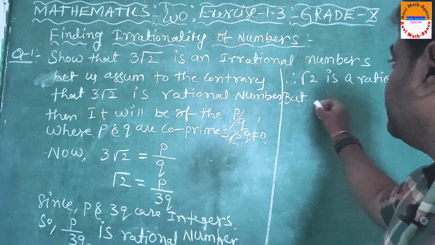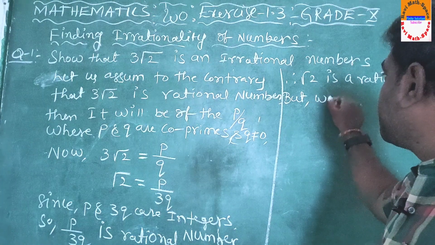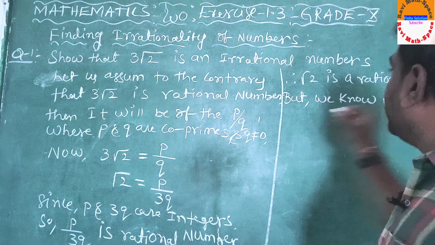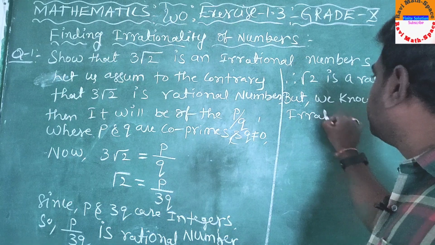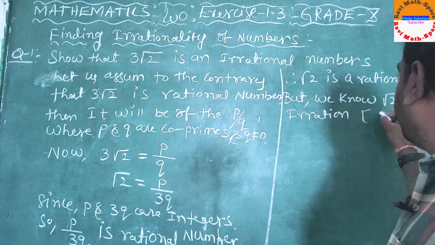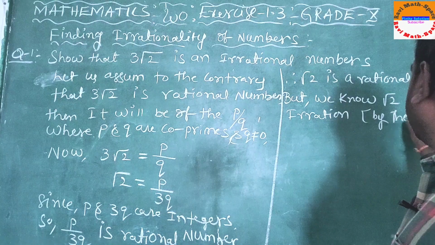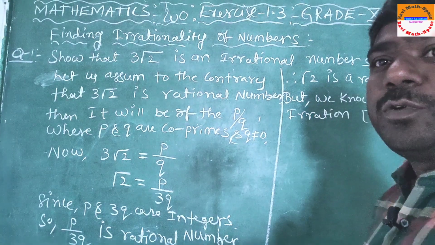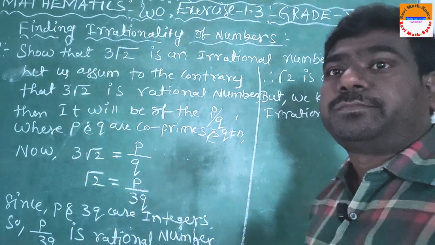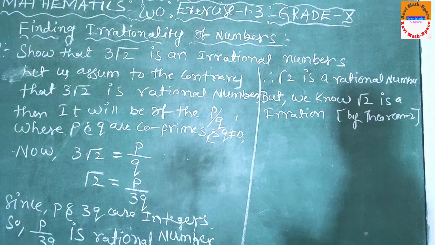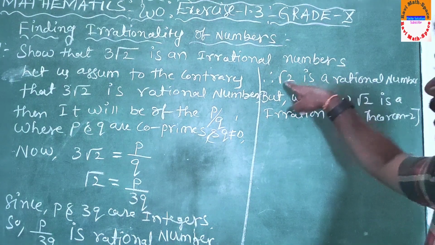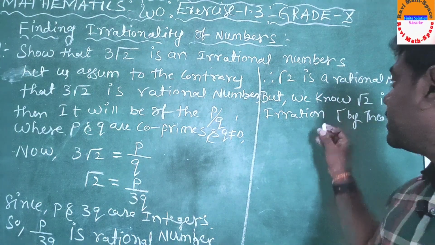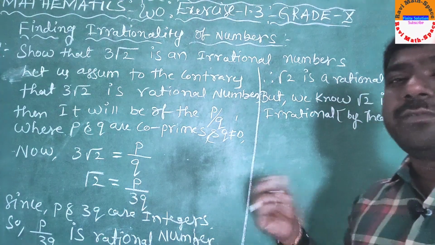Already we know root 2 is irrational by theorem 2, which I proved in the previous video. But here root 2 came as a rational number. But we know root 2 is irrational by theorem 2.